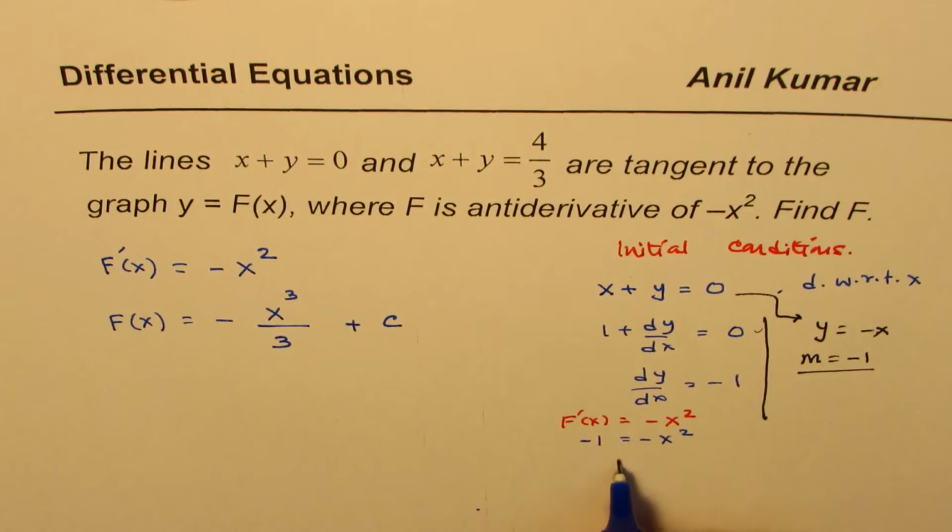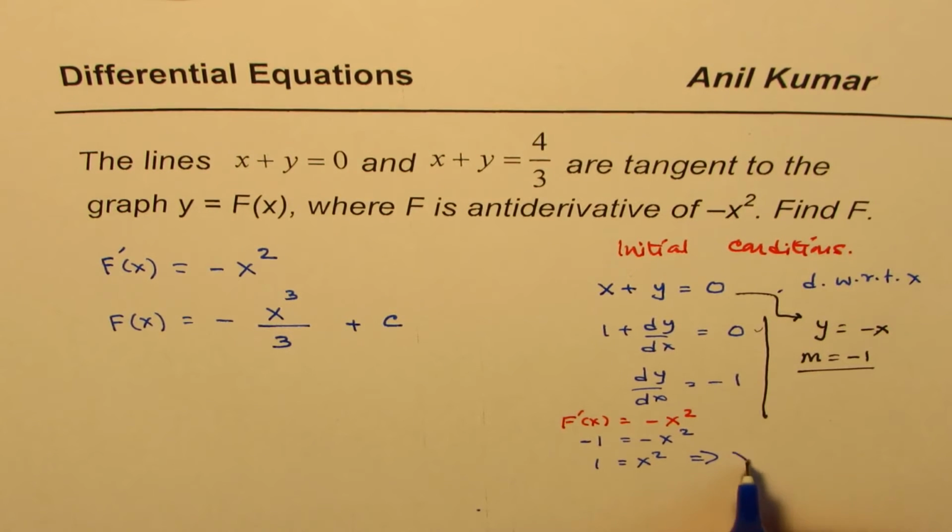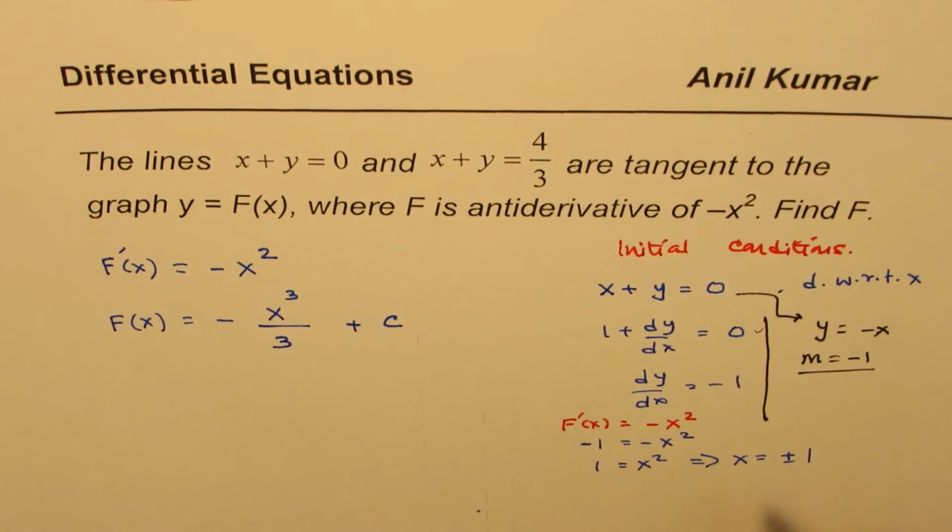Now what we get here is, we get 1 equals x squared, and this implies that x is equal to plus minus 1, correct? Square root of 1. So the x value is plus minus 1. So we get two values of x, which is plus and minus 1.